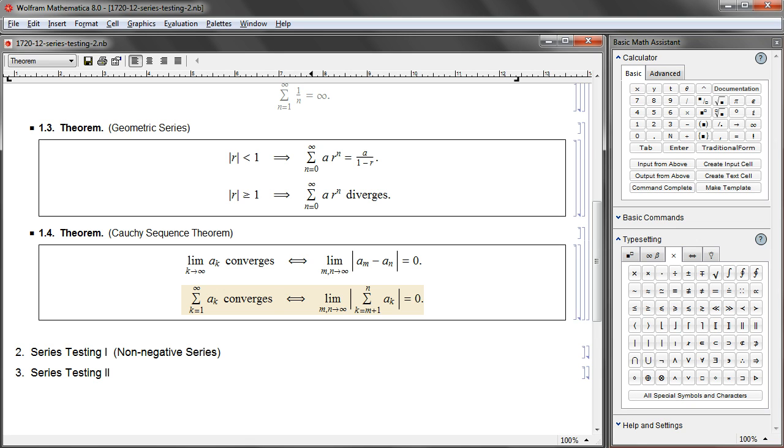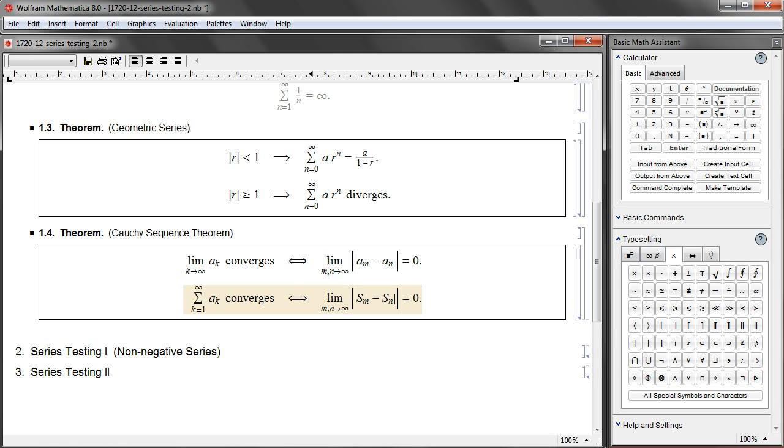So if we put partial sums here, then instead of a_m minus a_n, we're going to get s_n minus s_m, because the convergence of a series is equivalent to the convergence of partial sums. So just apply the Cauchy criterion to partial sums, and this is what we get.